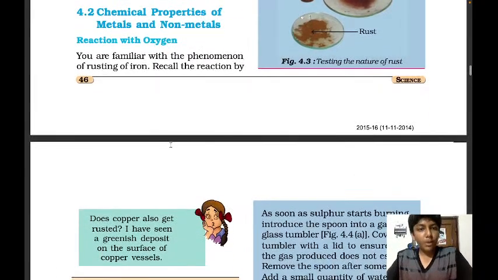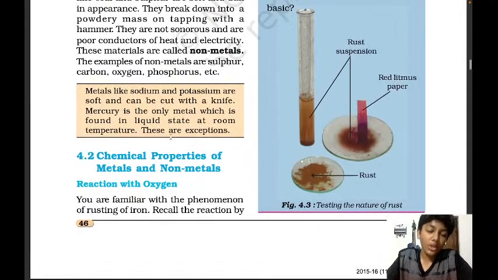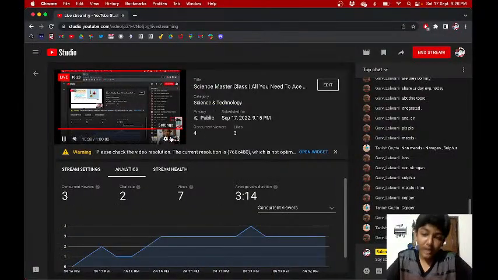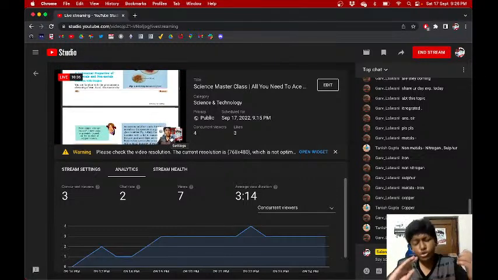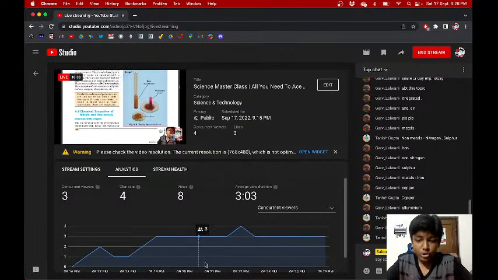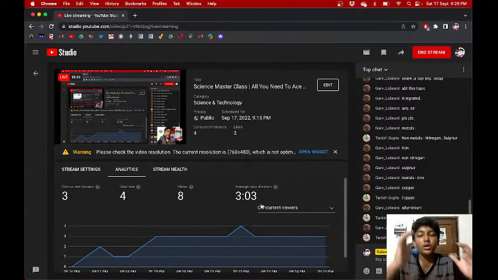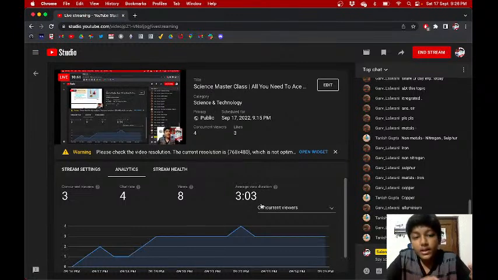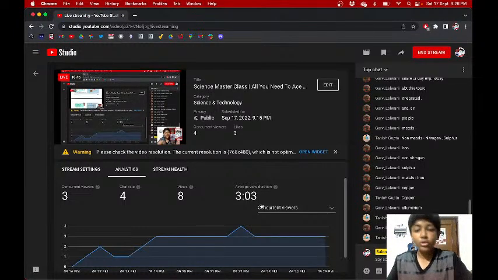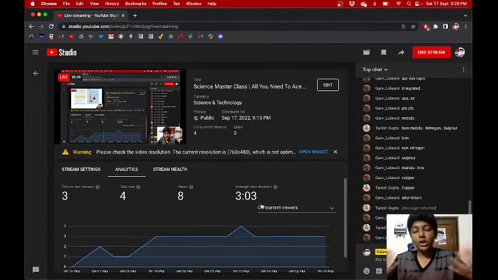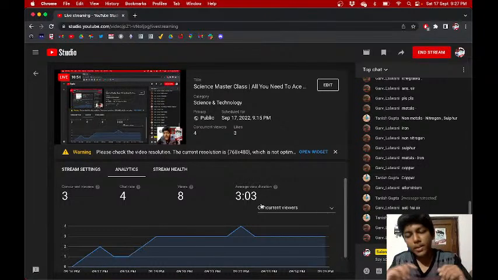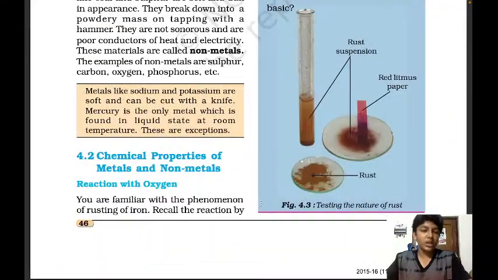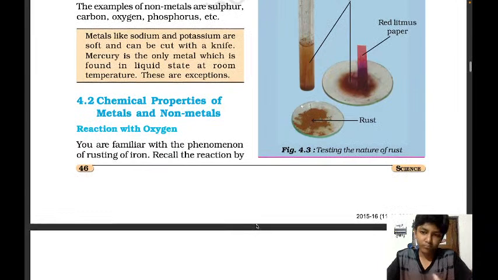So, chemical properties of metals and non-metals, reaction with oxygen. It was discussed that valency is not coming in the syllabus, but you should remember the valency, to clear concepts for the future, plus to work out the solution of any formula yourself easily.